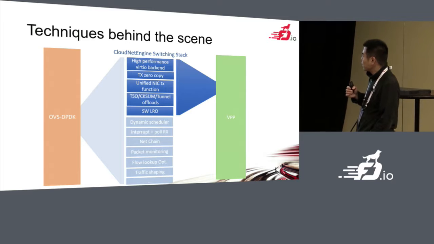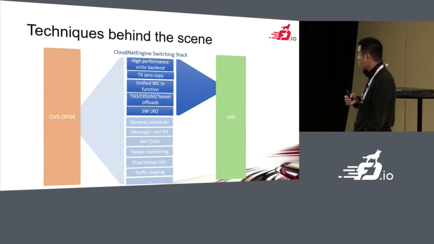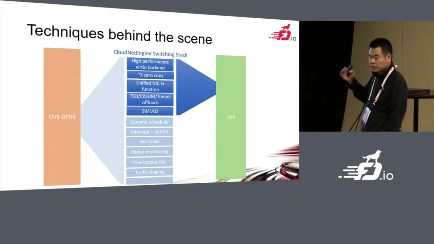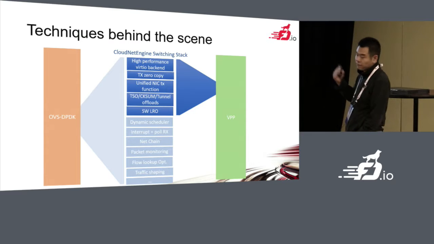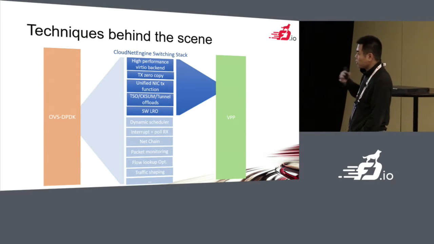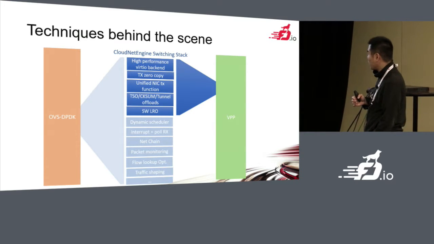The second one is TX zero copy. We know that right now VPP does a full copy from the virtio front end to its own memory, and then sends it out to the physical wire.